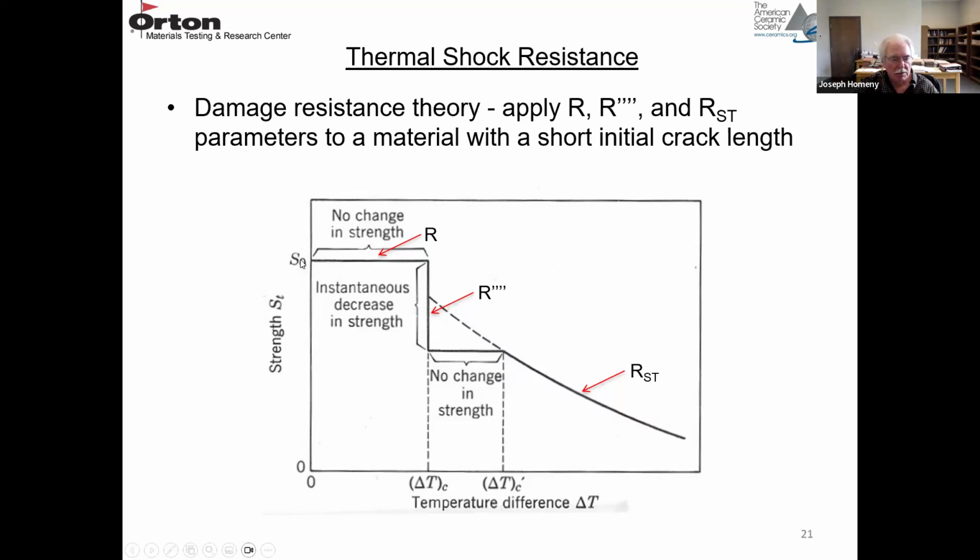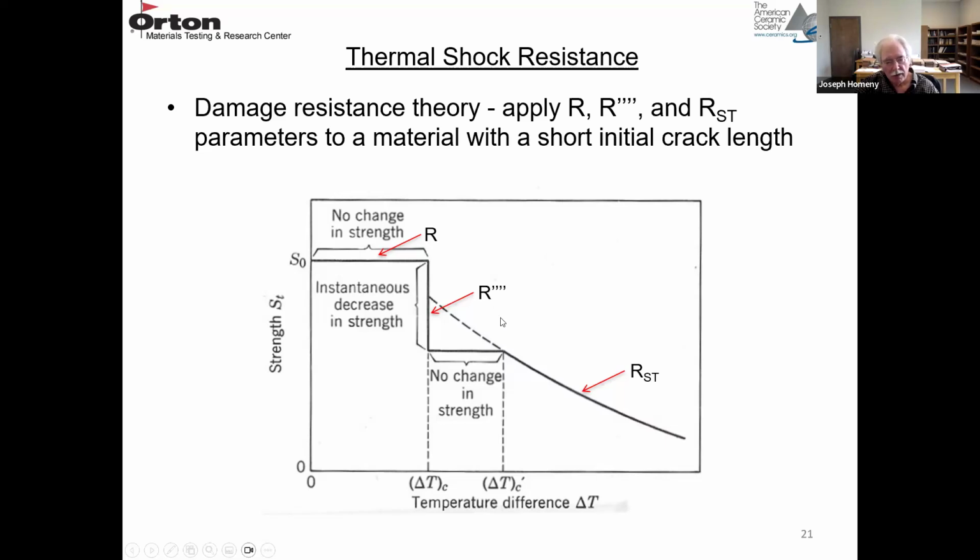So there's some initial strength S0, and then as we increase this delta T, we reach a delta TC, which is the critical temperature difference for fracture to take place. So that's described by R. We have a delta T described by R, and we have an instantaneous decrease in strength.